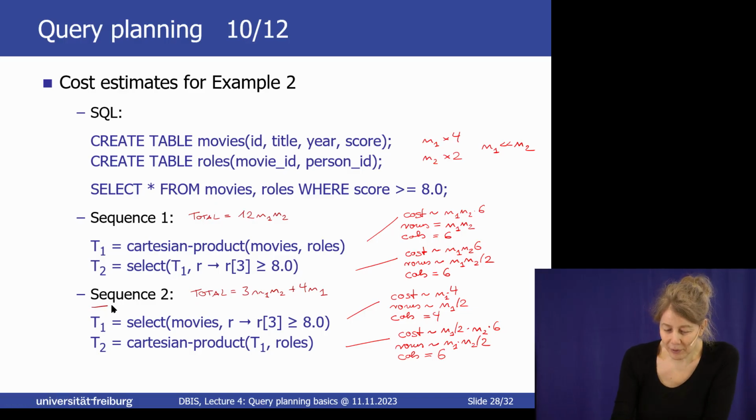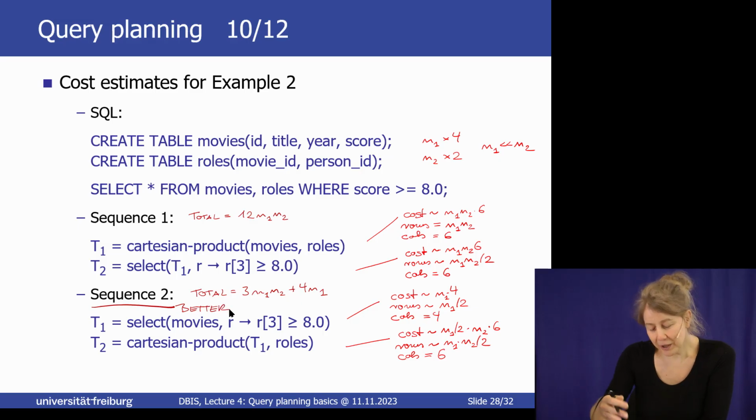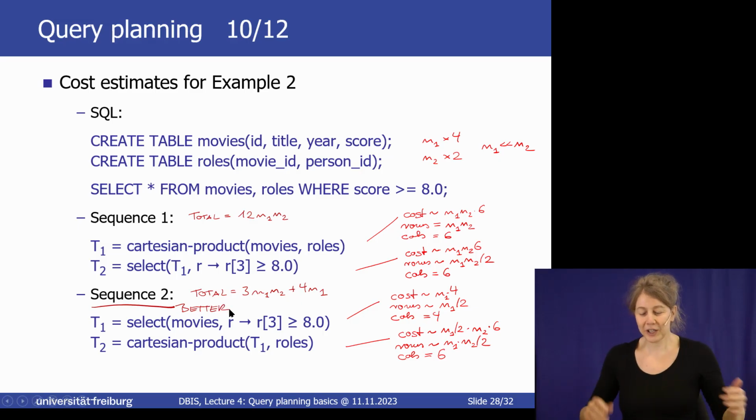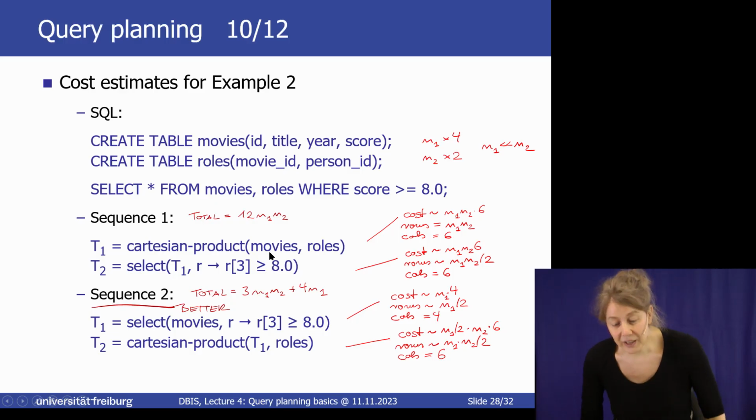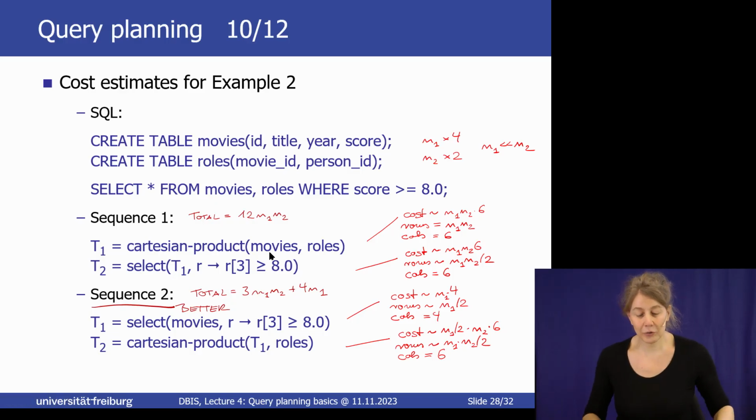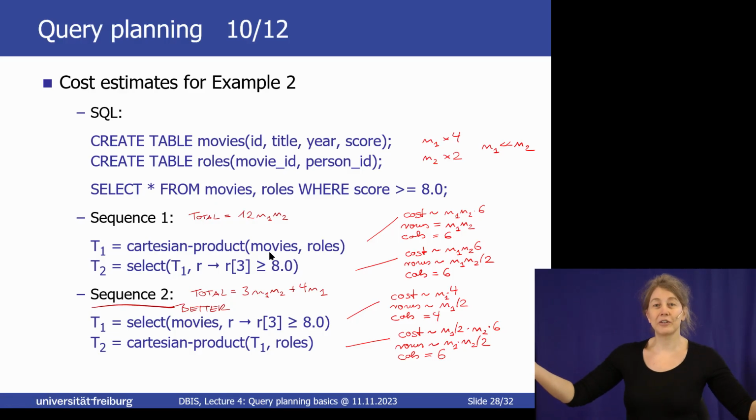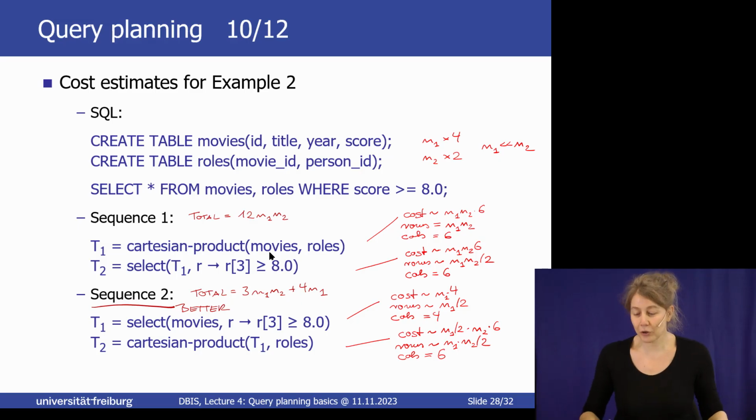So yeah, better. You get a feeling about this, but you can imagine if this is more complex, you actually have to do the math, and that's what the database engine will do. So you can already see in a nutshell what the engine has to do. Maybe it has 15 different sequences. We'll just compute the cost for each and just pick the cheapest one.